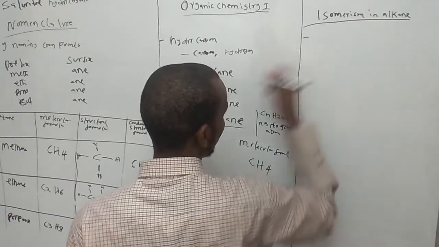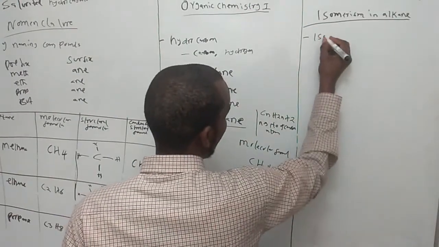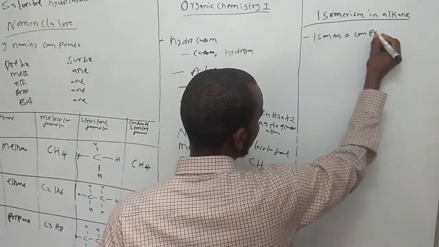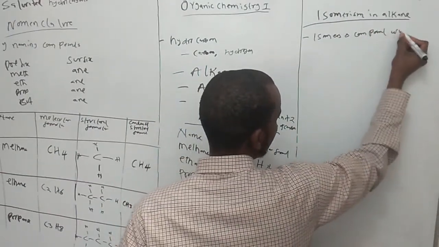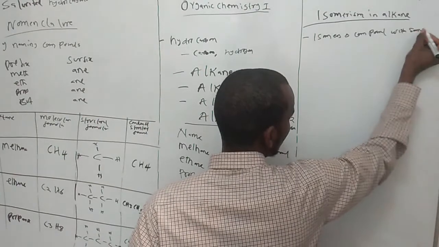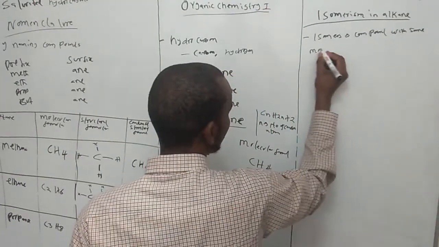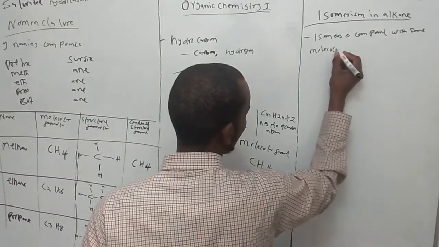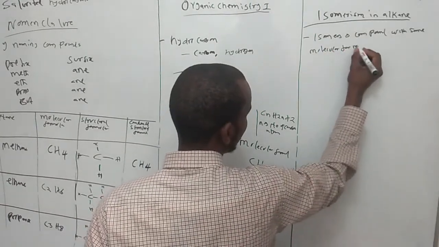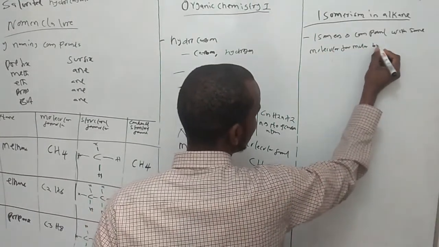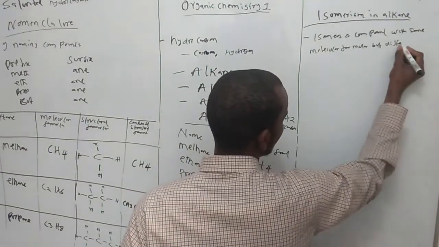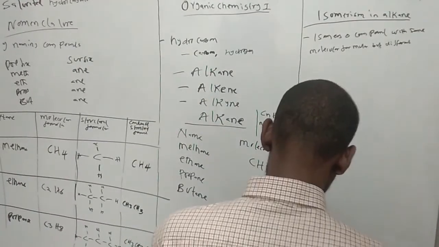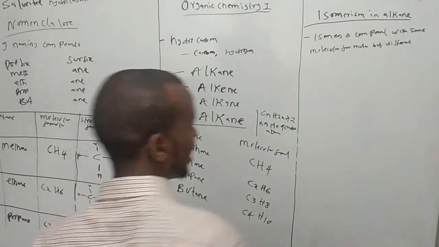Isomers are compounds with the same molecular formula but different structures.